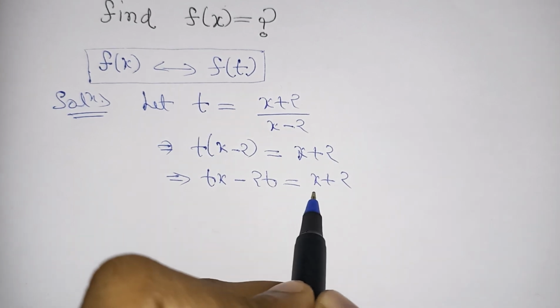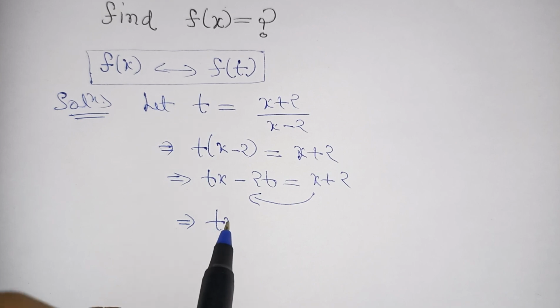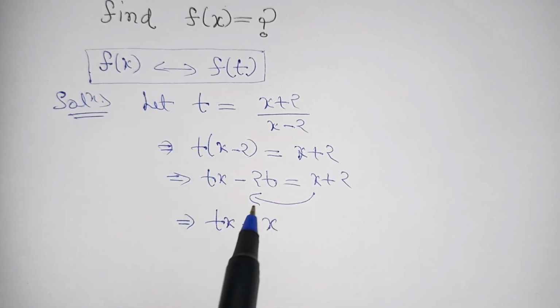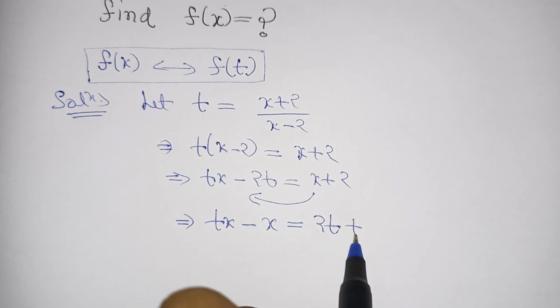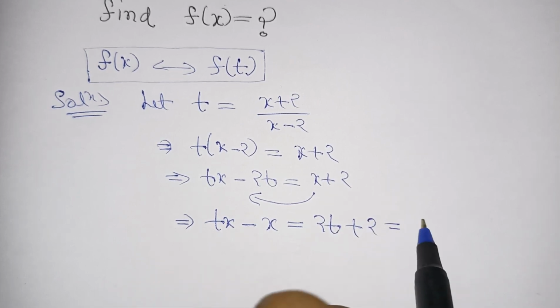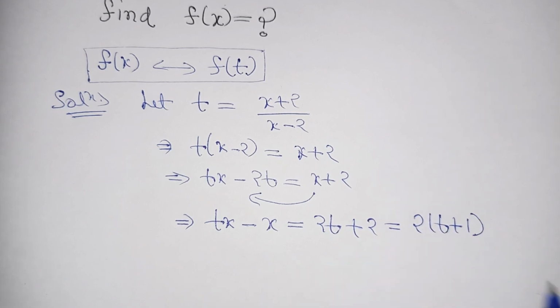Now taking the x terms on one side, we have tx minus x, and the t terms on the other side we have 2t plus 2, that is, by taking 2 common, 2 into (t plus 1).